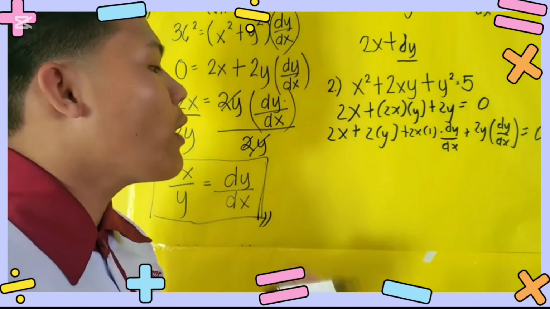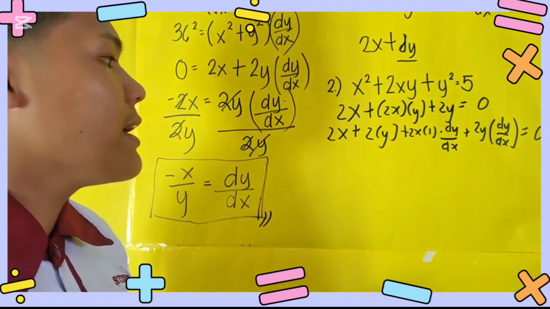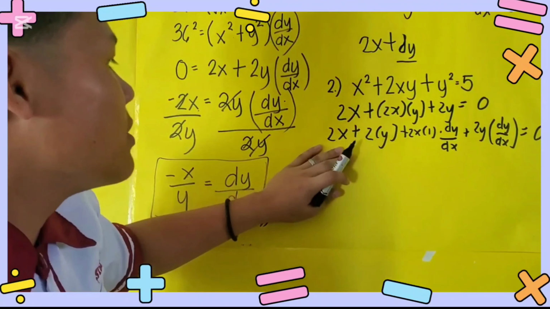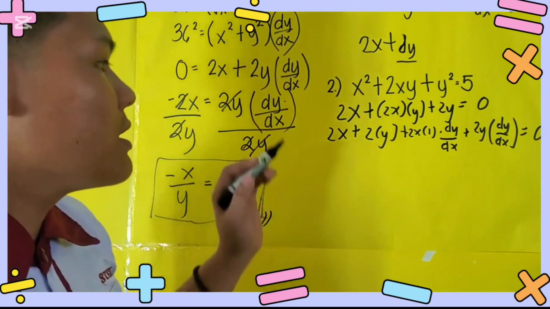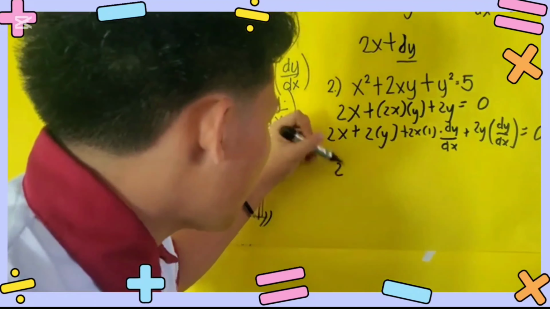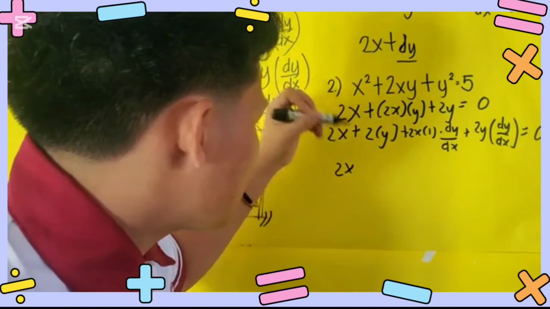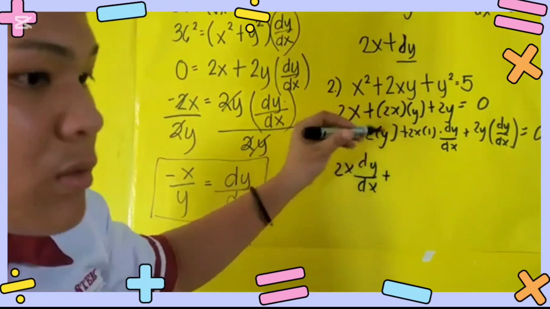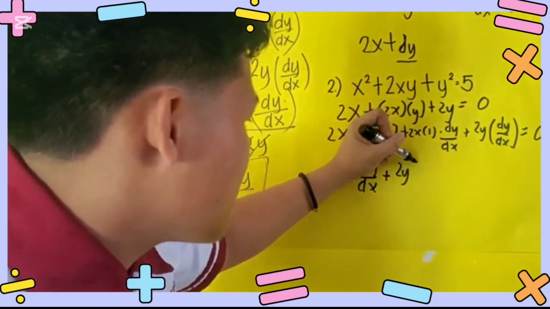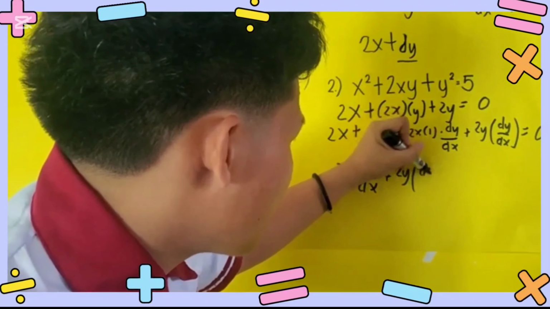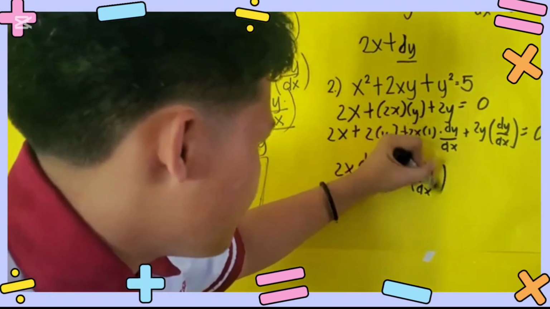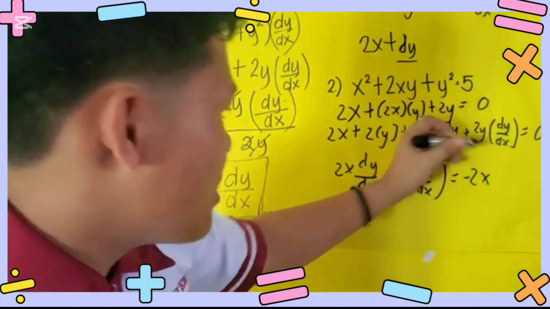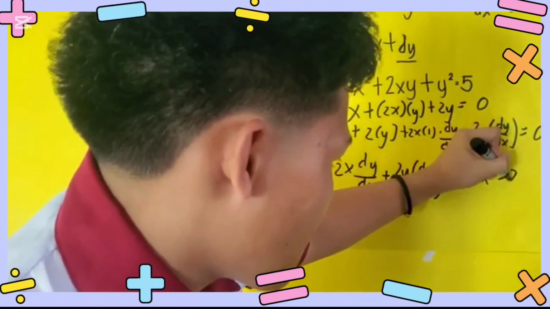So we need to isolate dy over dx. To do that, we transpose these two terms, 2x and 2y. So this becomes 2x times dy over dx plus 2y multiplied by dy over dx, and on the right this becomes negative 2x and negative 2y.